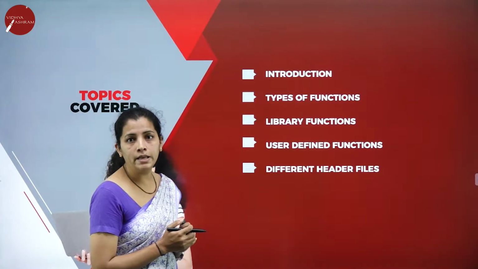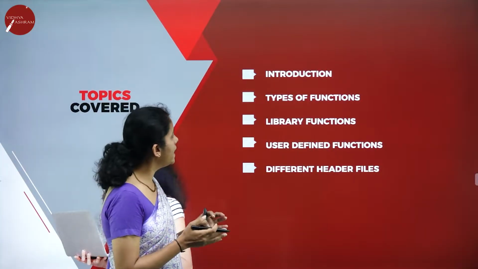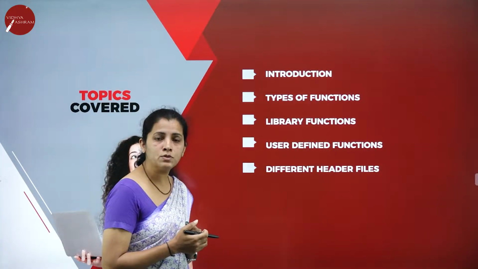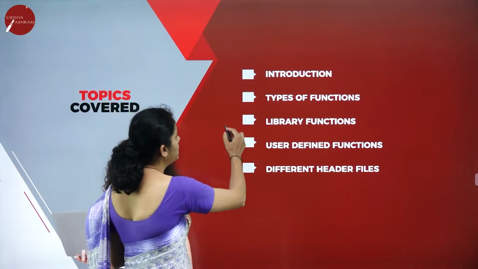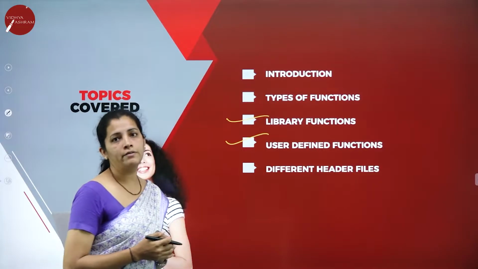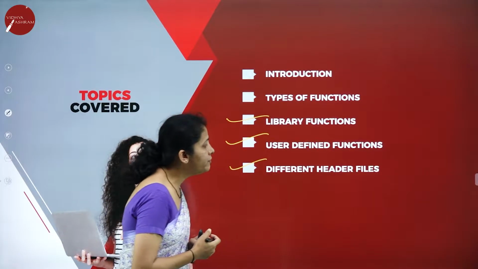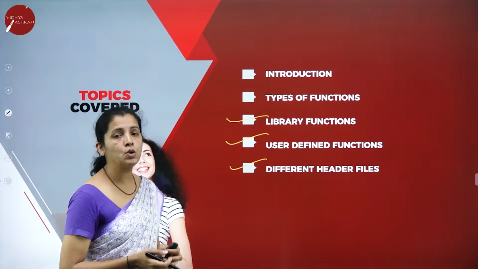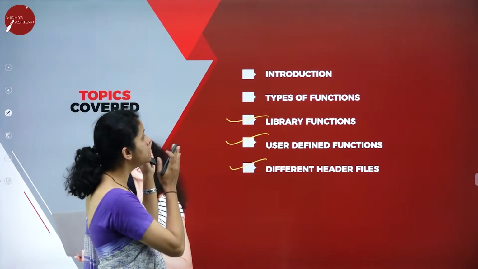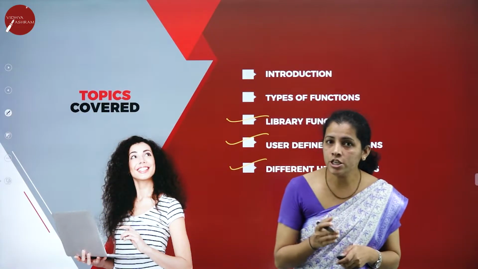At the beginning, introduction about function. Then the types of function, that is library function as well as user-defined function. Along with that, different header files. So, dear students, these are the topics I'm going to deal with in today's session.